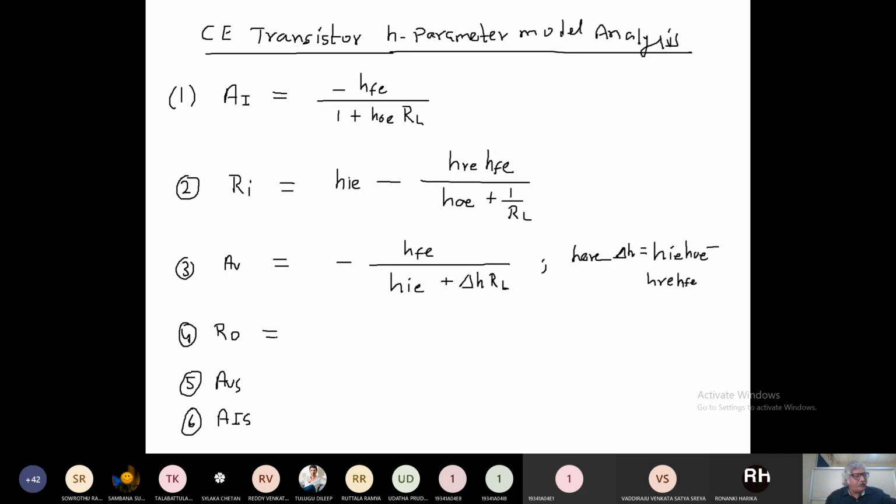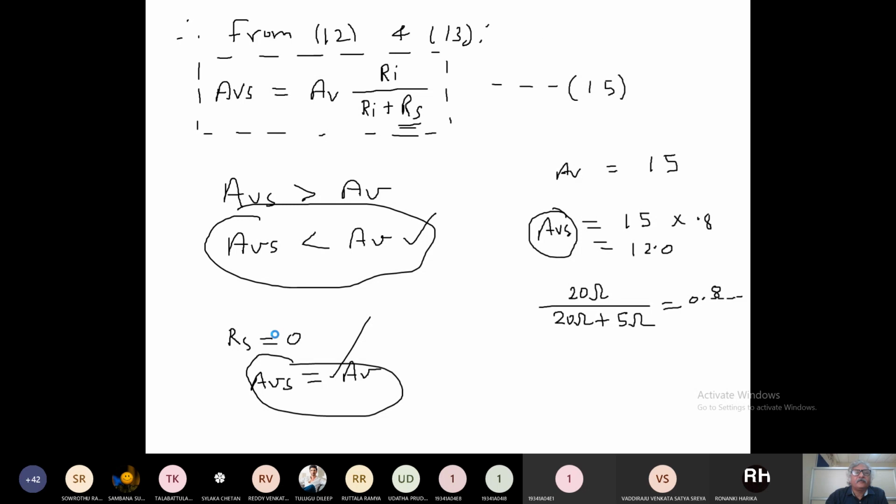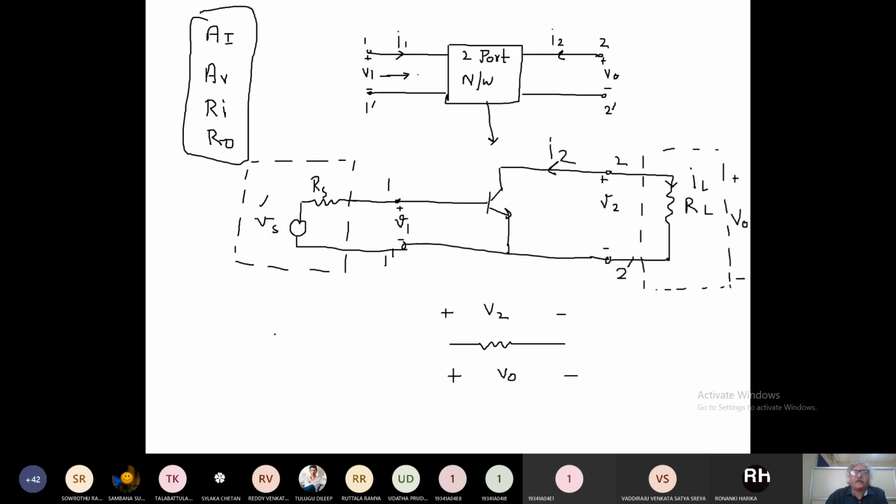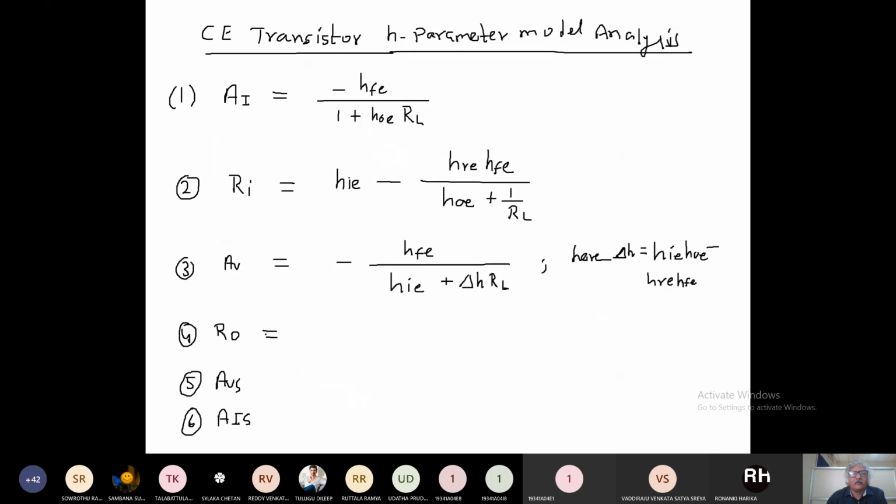Then the output resistance. This is expression number 11: HIE plus RS divided by RS HOE plus delta H. Right.